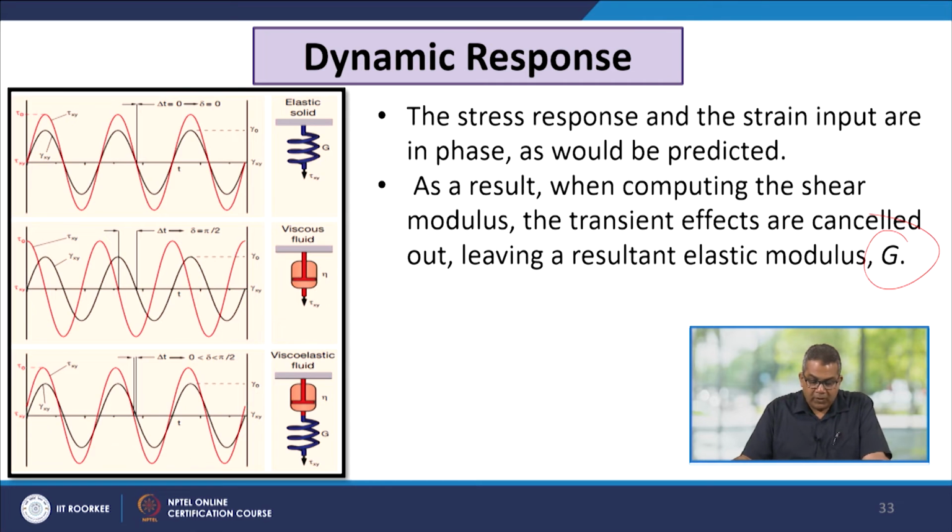The stress response and the strain input are in phase, as would be predicted. As a result, when computing the shear modulus, the transient effects are cancelled out, leaving the resultant elastic modulus G, which can be represented as G is equal to tau naught sine omega t over gamma naught sine omega t.